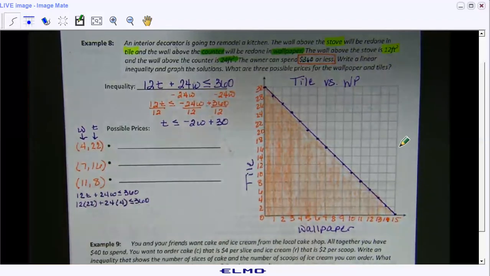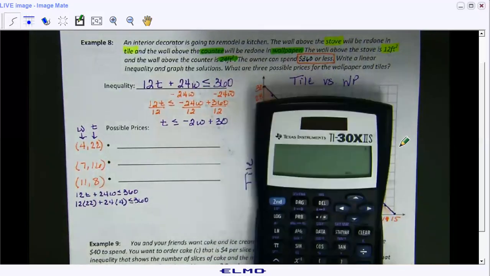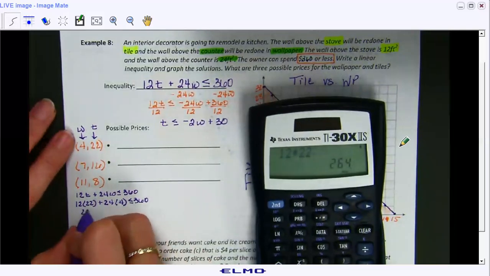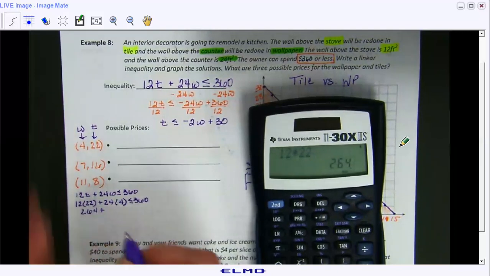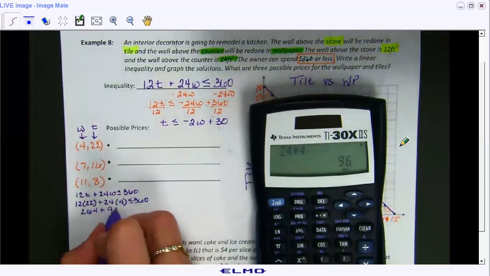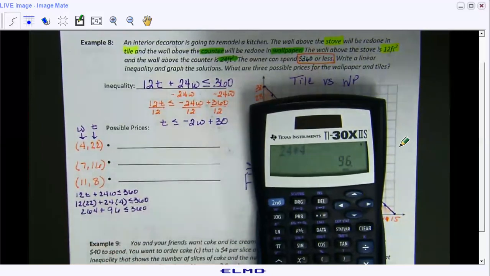Okay. So now we need to figure out these values, and I'm going to use my calculator because these are bigger numbers. So 12 times 22 gives us 264. And 24 times 4 gives us 96. And let's stop there for just a second.